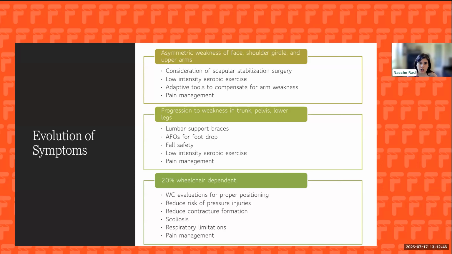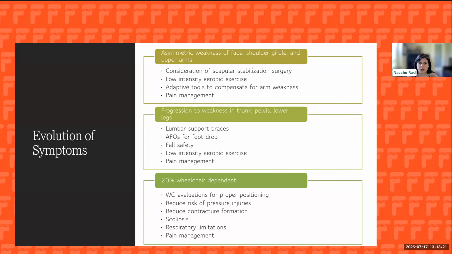We know early on we're thinking about our upper extremities. We're looking at what muscle weakness and imbalance we have there. This is the time when some are considering the scapular stabilization surgery, which again is very rare and very complicated, and requires demonstrating that stabilizing the scapula on physical exam results in improvement in pain and function.